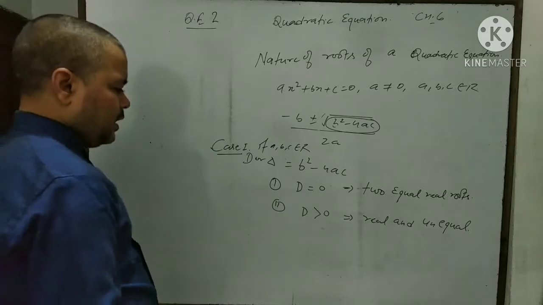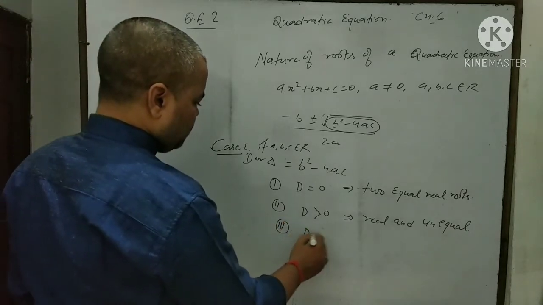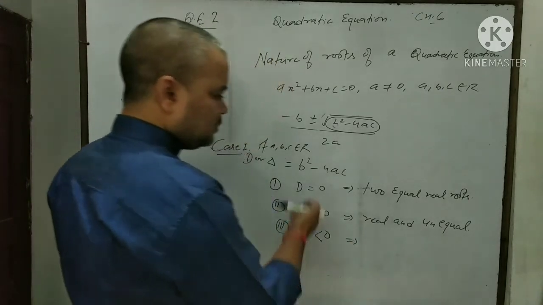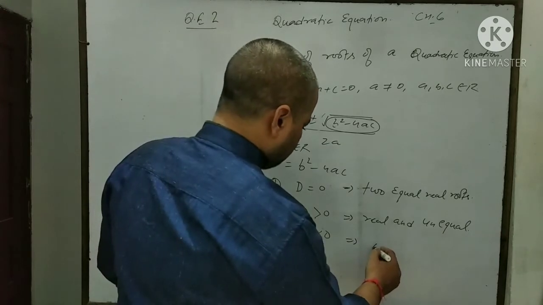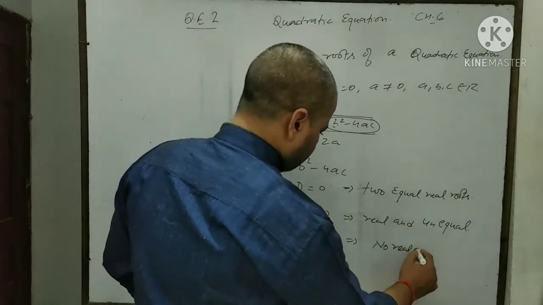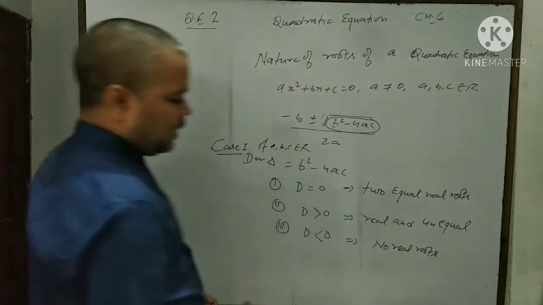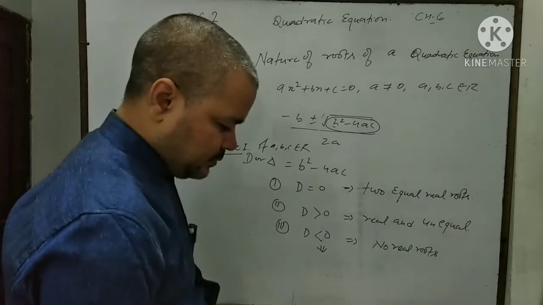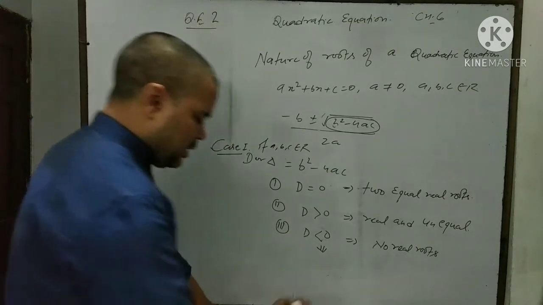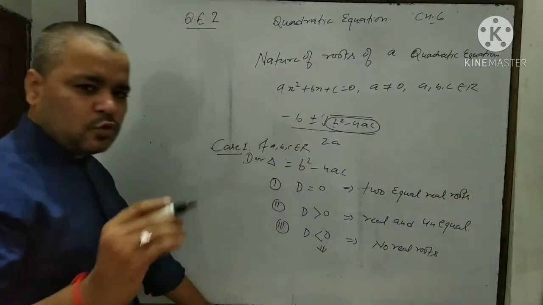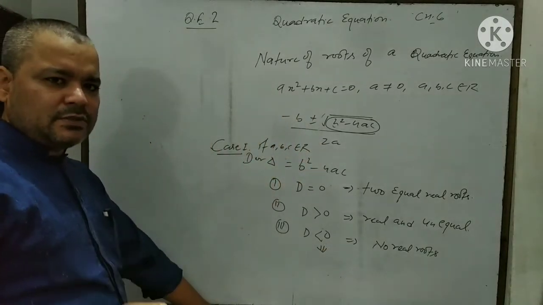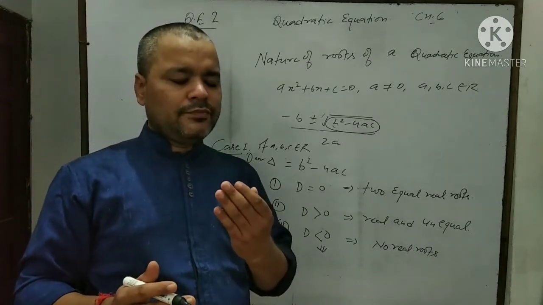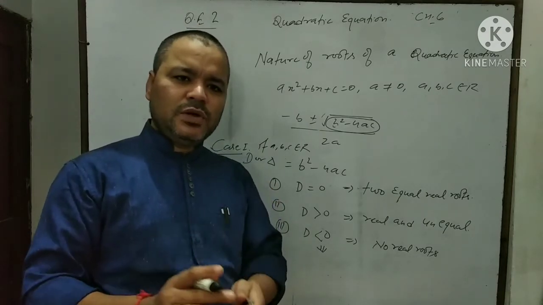And the third, when the value of discriminant is less than 0, the nature of the roots will be no real roots, and it gives a pair of complex conjugates. The roots will be in the form of complex numbers, and both complex numbers will be conjugate to each other.